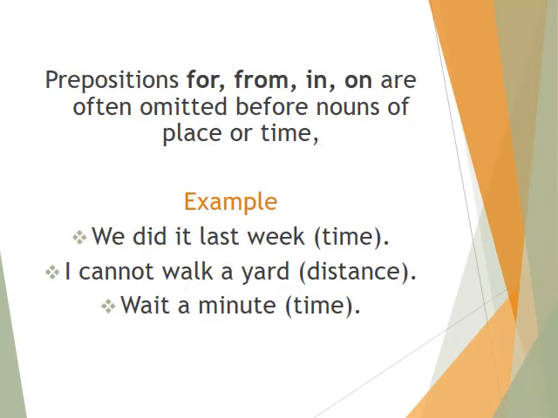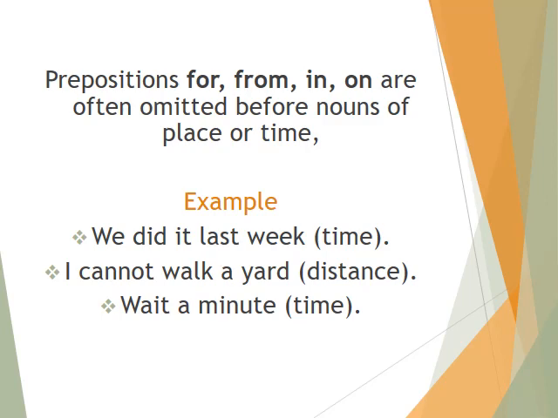Prepositions for, from, in, on are often omitted before nouns of place or time. For example, we did it last week. You might notice that last week refers to time, and we are not saying we did it in the last week.